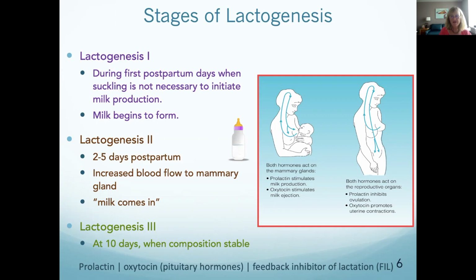So it kind of helps get things started, and then it stops until birth, and then levels of prolactin go up. And so prolactin stimulates synthesis of milk. Now, the interesting thing about this is prolactin is also kind of an anti-romantic hormone. So when mom's breastfeeding a brand new infant, she's less interested in how she got pregnant in the first place, I guess is a way to say that.